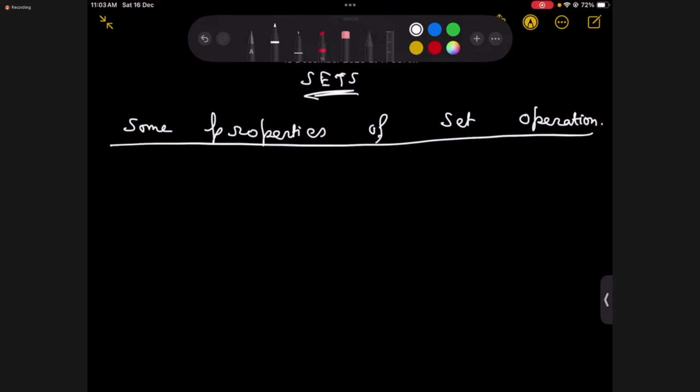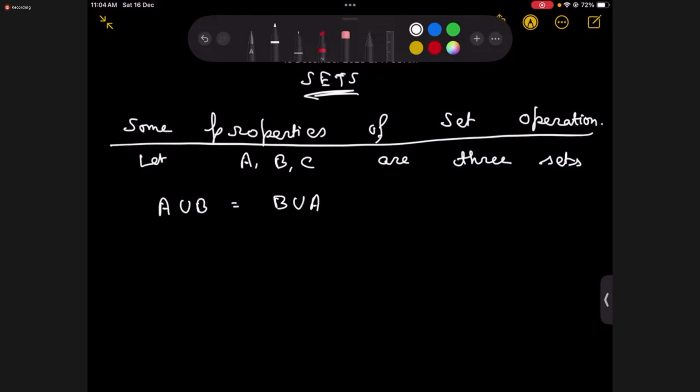At first, let A, B, C be three sets. Then first, A union B is equal to B union A.